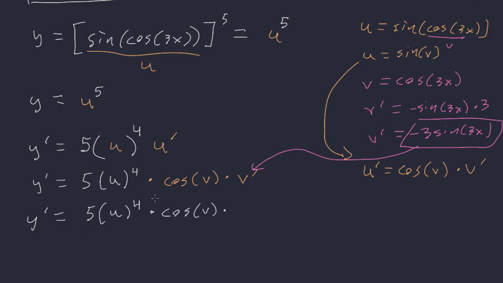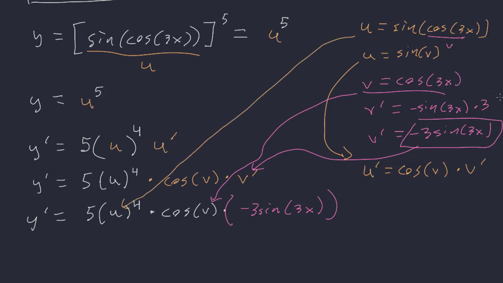All right, so we'll get 5u to the 4th times cosine v times, and be careful here, negative 3 sine of 3x. And now we can just start plugging, backfilling, because we're to the x's now. So v, we can put v into here, okay, and then we can put our u into here. Okay, so when it's all said and done, our y prime is 5 all times sine of cosine of 3x to the 4th.